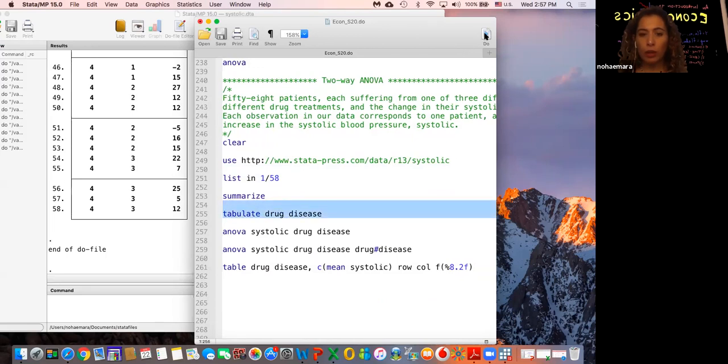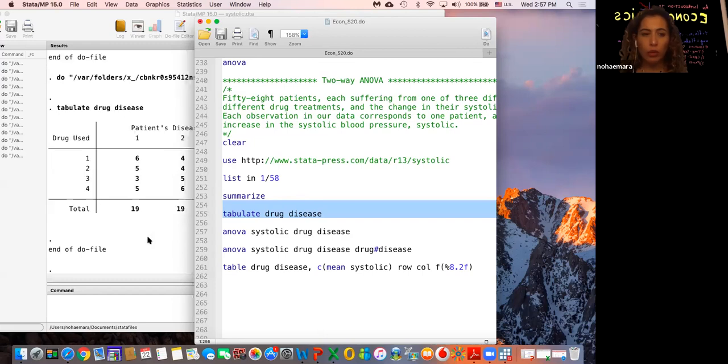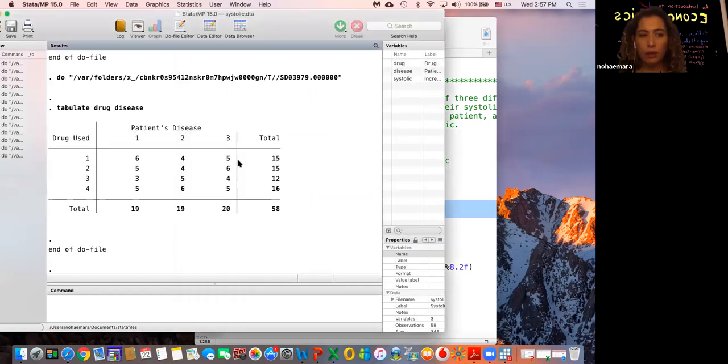The tabulate command is important because, although it's not related to the ANOVA, it still gives us a nice summary of our data set. These are the groups. So I have 3 groups and 4 blocks, and these are the different observations I have, and you can add the total number of observations here, which is the total number of observations in this exercise.